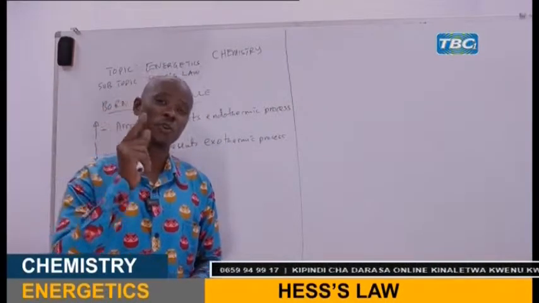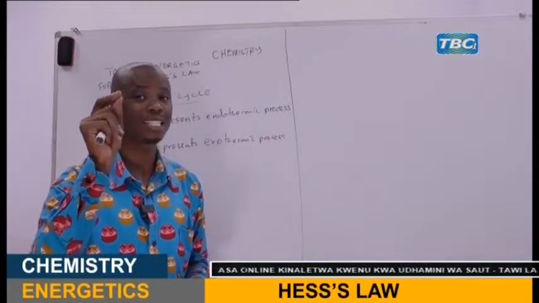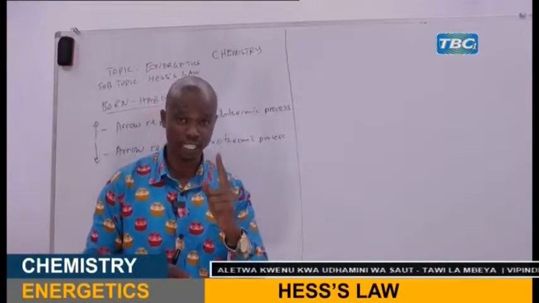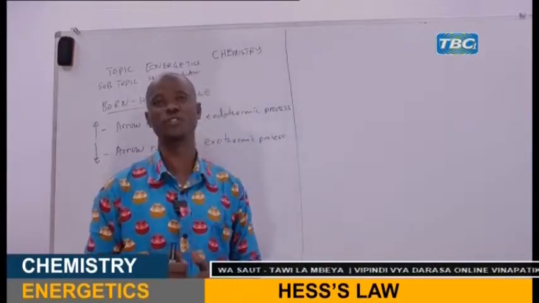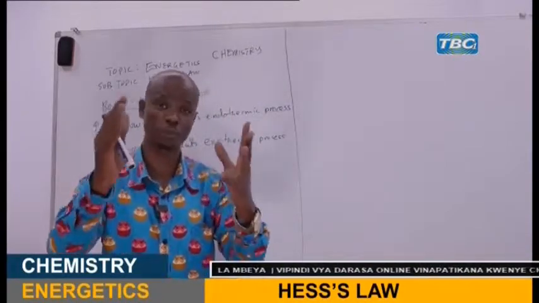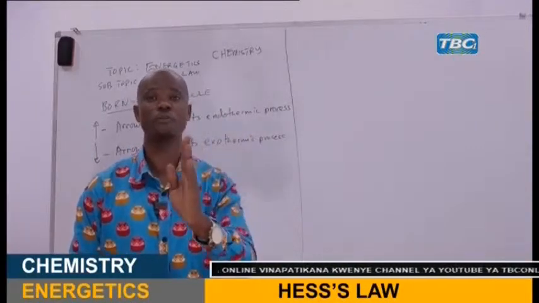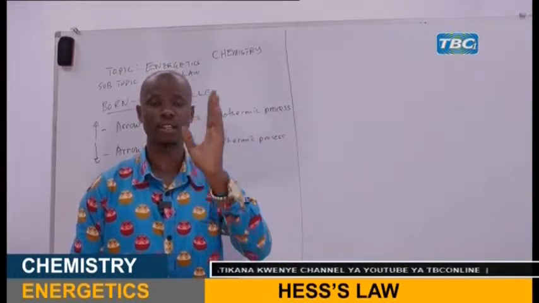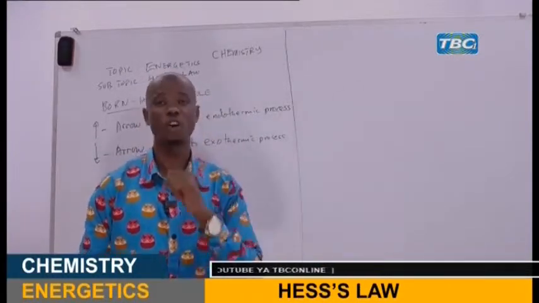If you fail to write the chemical formula of the given compound, it will be very difficult for you to solve the problem or to draw the Born-Haber cycle. So it is very important to use the symbols to write the correct chemical formula of that compound. The compound given is aluminium oxide.